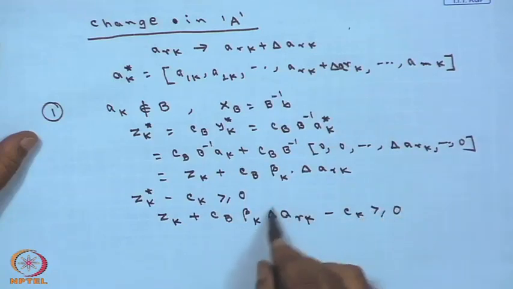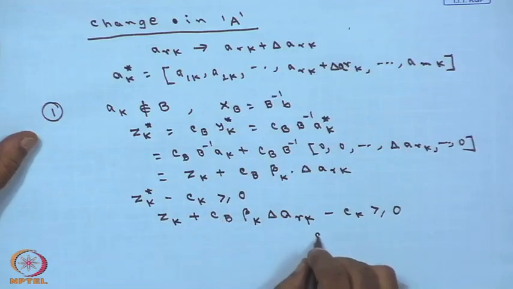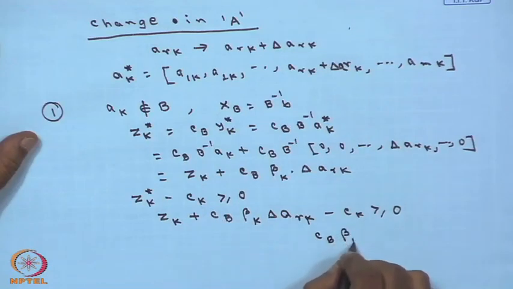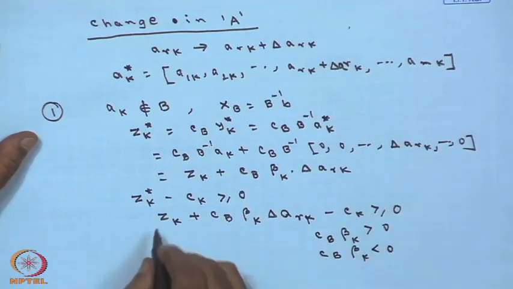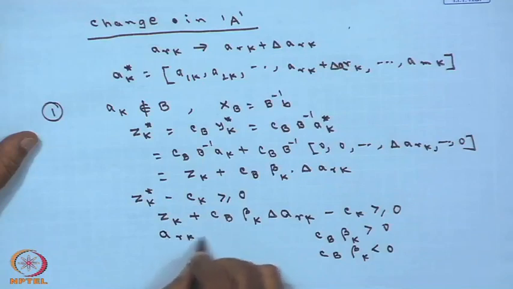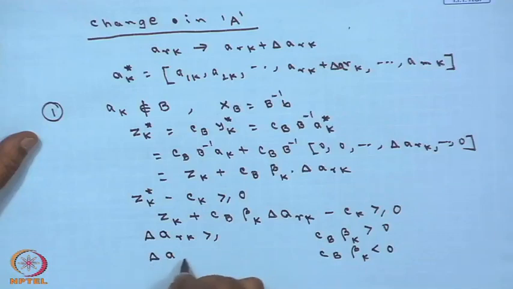From here I can get two conditions for delta a_rk, depending on whether C_b beta_k is greater than 0 or less than 0. Delta a_rk will be greater than or equal to something in one case, and less than or equal to something in the other.